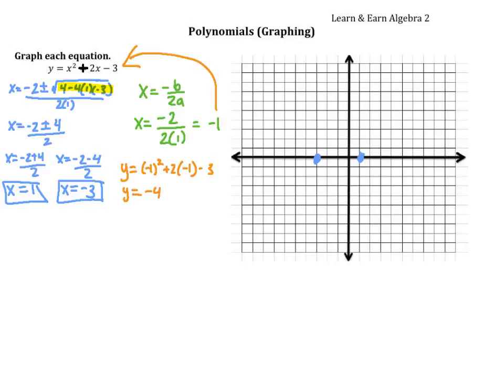So my vertex is going to be at negative 1 comma negative 4. So now I can graph that. And the last thing I need to do is make my parabola. So I'm going to connect all the dots into a U shape, which is called a parabola.